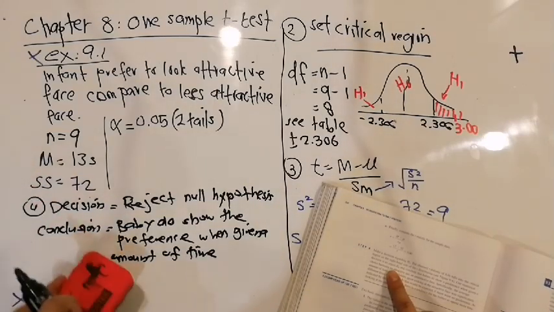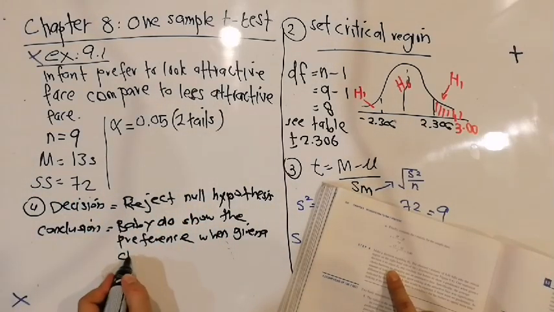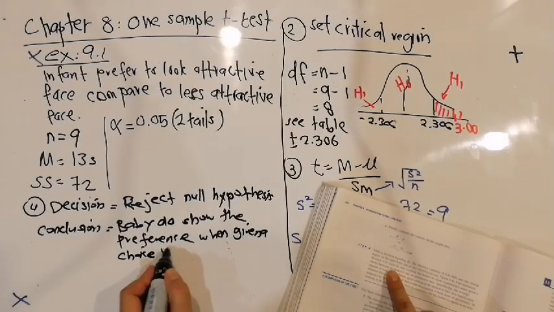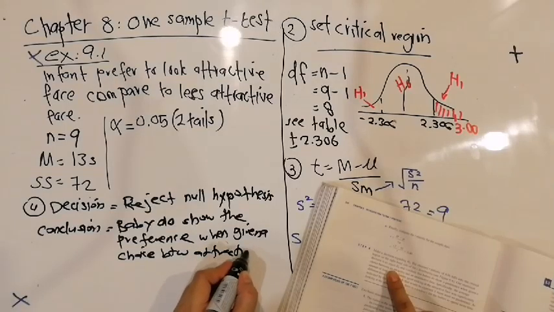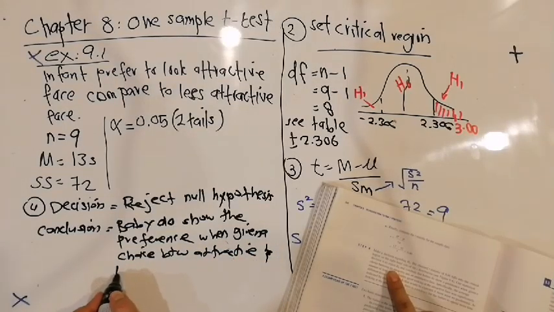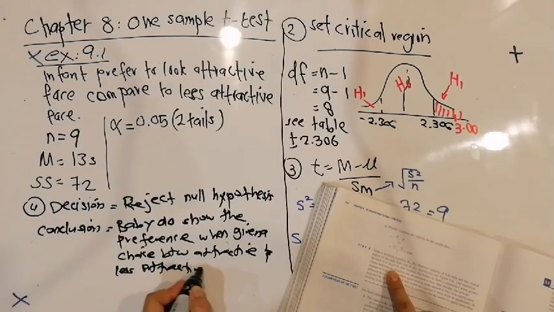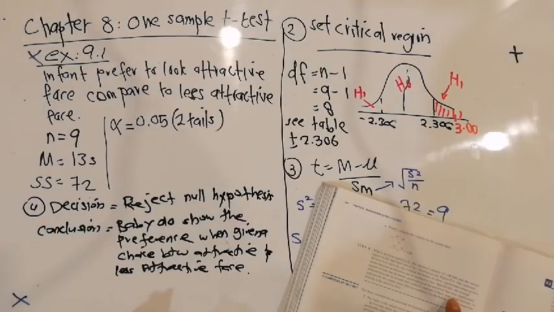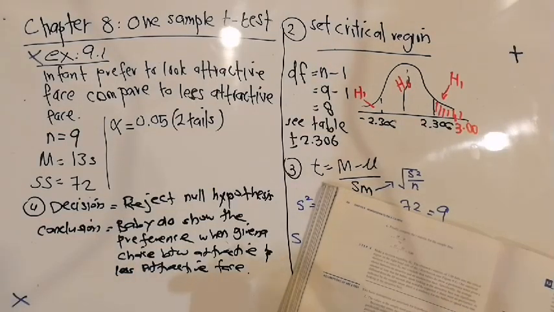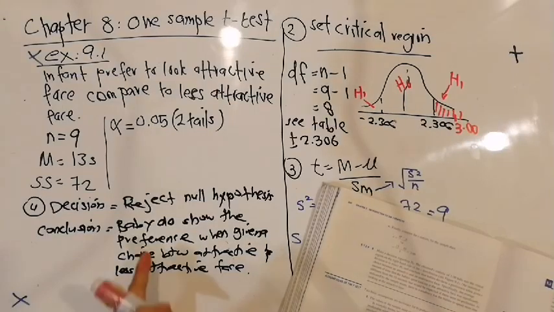Or we can say when they are given a choice between attractive and less or unattractive faces. Or you can also say that an average different from 10 seconds would be expected if there were no preference, or the attractive face was significantly impacting the baby's preference. Any of these is fine, the important thing is you must say that they have a preference.